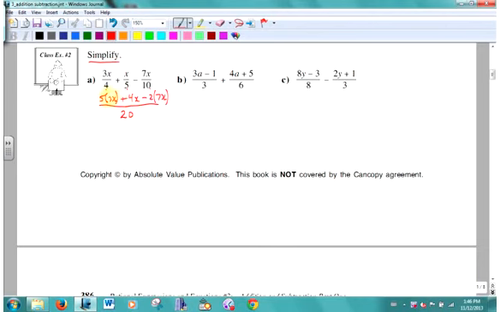I got 5 times 3x, that's 15x, and got 4x, and minus 14x, all over 20. I just want to collect these guys. That's 19 minus 14, or 5x, over 20. Okay? Let's write it so we can see it.